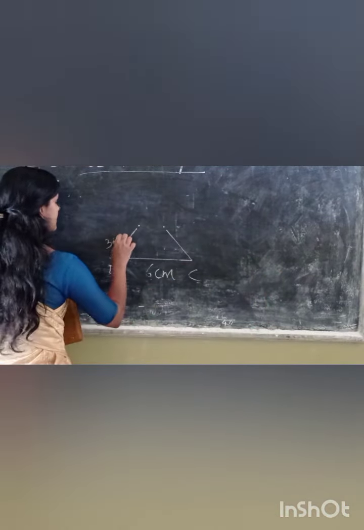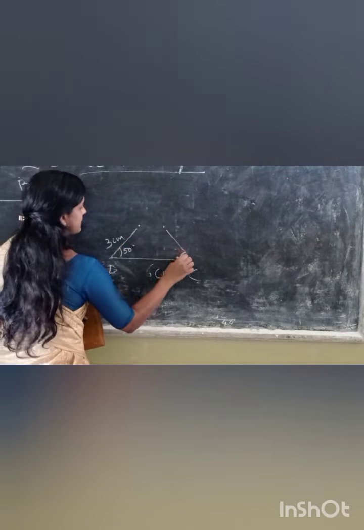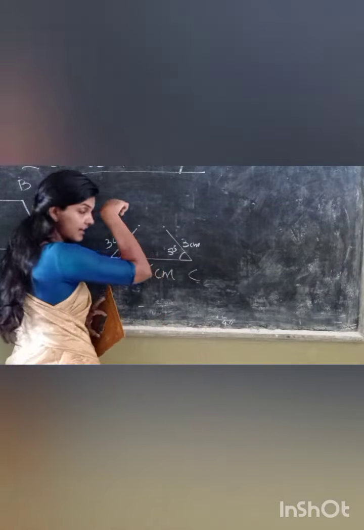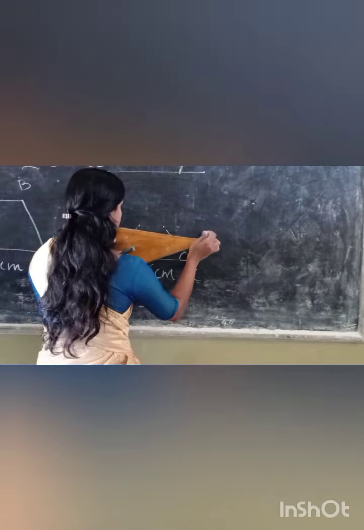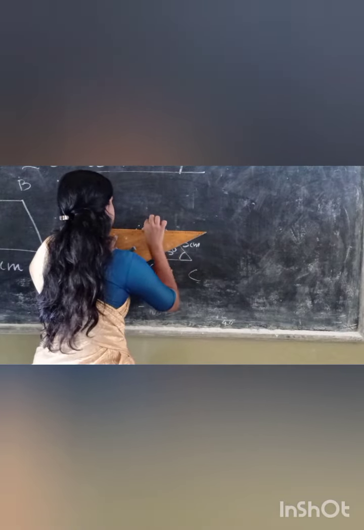This is 3 centimeters and this side will be at 50 degrees. Here also it will be 3 centimeters because we are drawing an isosceles trapezium. Now what you have to do, you just have to join these two lines.